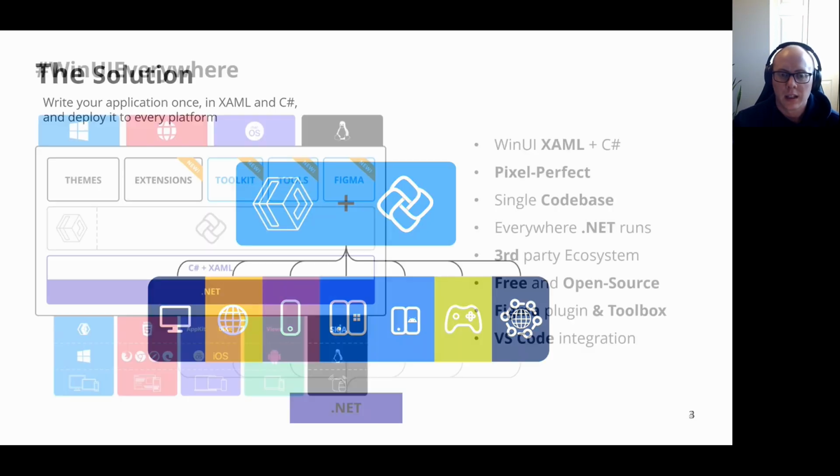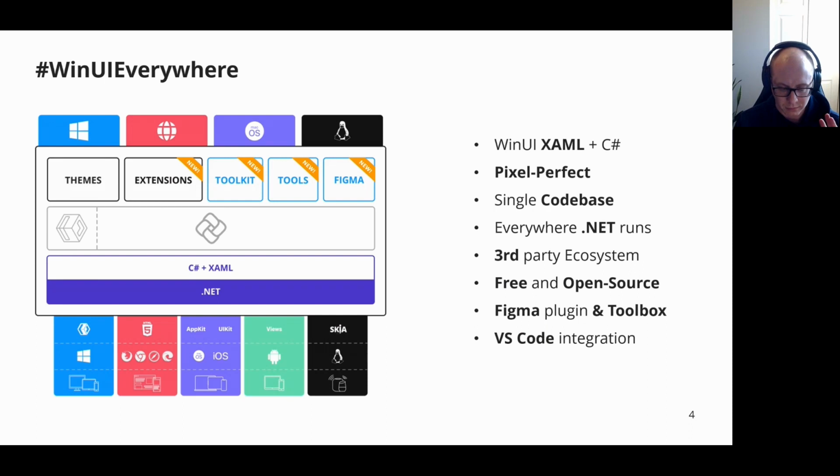So if you haven't heard of Uno before, what I'm going to be talking about today is the Uno platform, which is an open source project. It helps developers build single code base C# and WinUI XAML applications for non-Windows platforms.